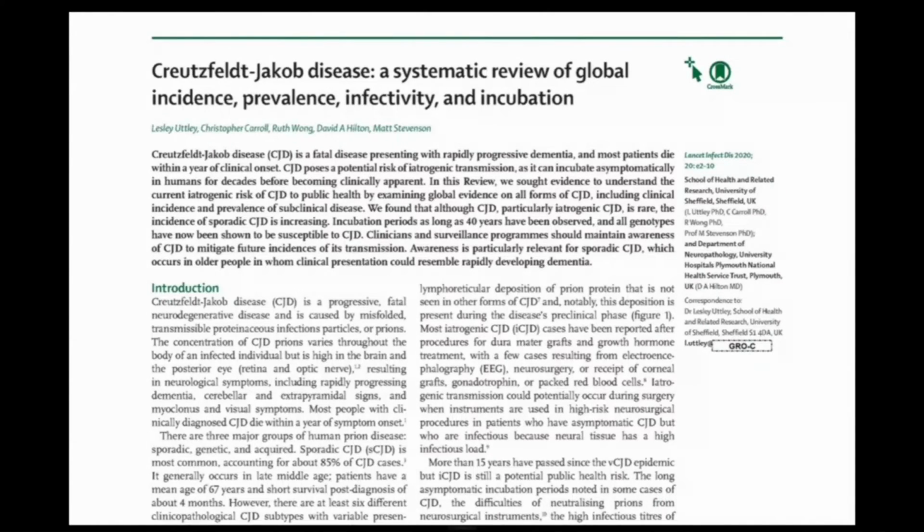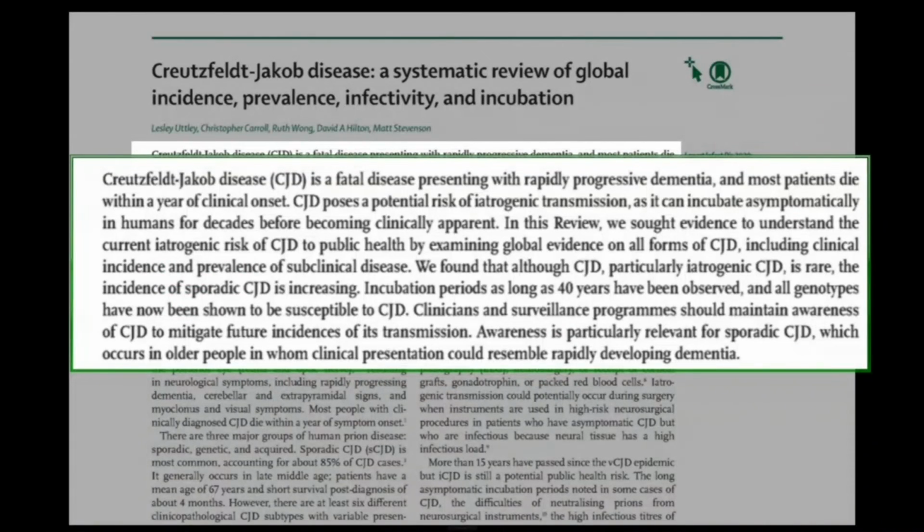And second sentence in that bold paragraph at the top. In this review, we sought evidence to understand the current iatrogenic risk of CJD to public health. And I should pause and just say this is a January 2020 paper. By examining global evidence on all forms of CJD, including clinical incidence and prevalence of subclinical disease, we found that although CJD, particularly iatrogenic CJD, is rare, the incidence of sporadic CJD is increasing.